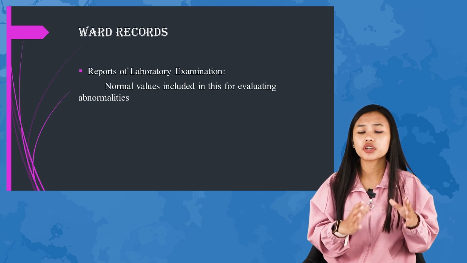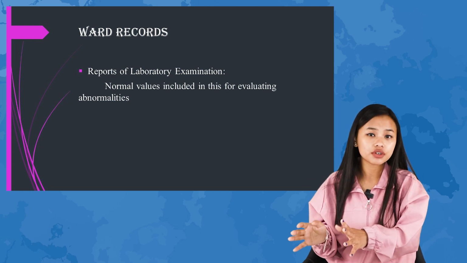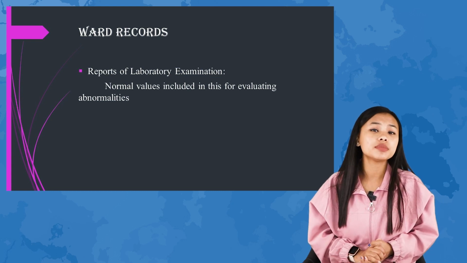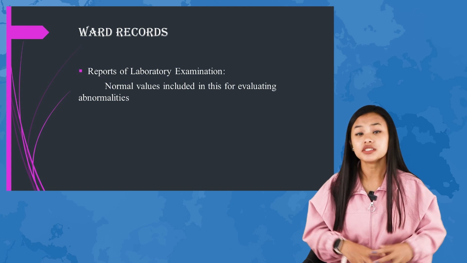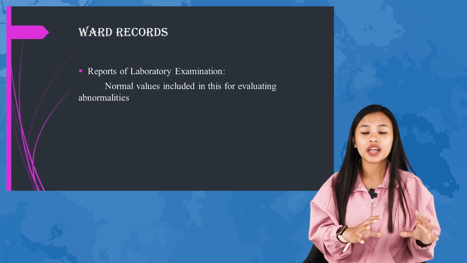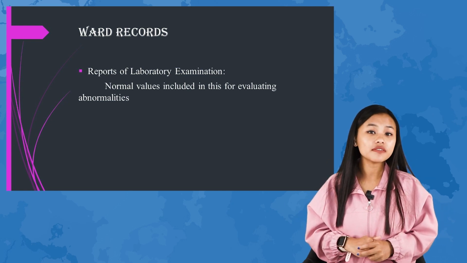In the lab report, it is also very essential that the normal values are included. Why? Because if the normal values are included, it will be very easy for us to evaluate any abnormalities, to see whether the client's value is either more or less than the normal value.